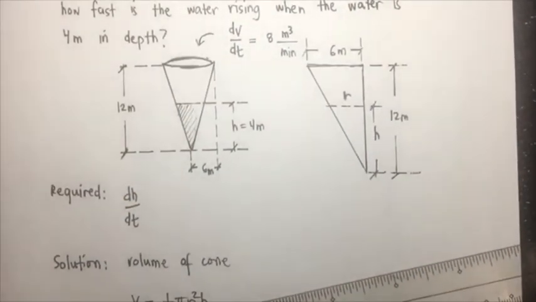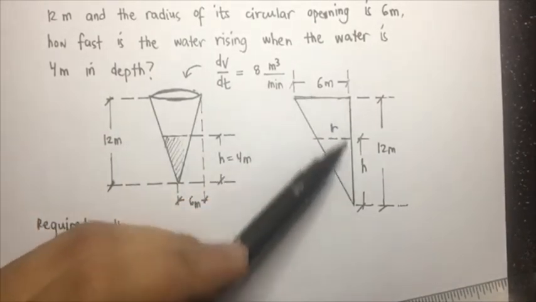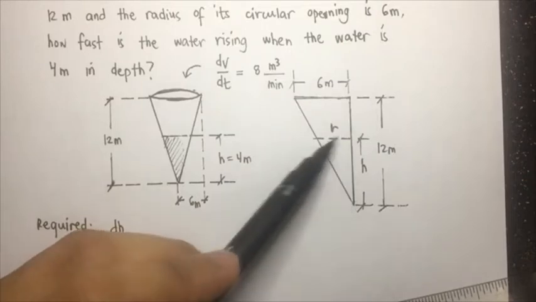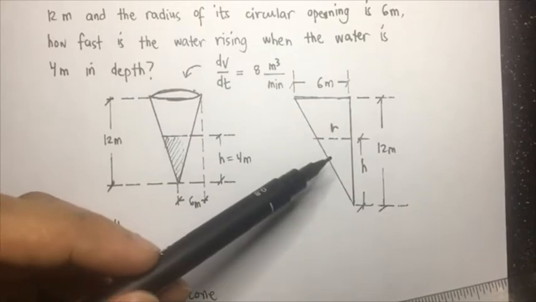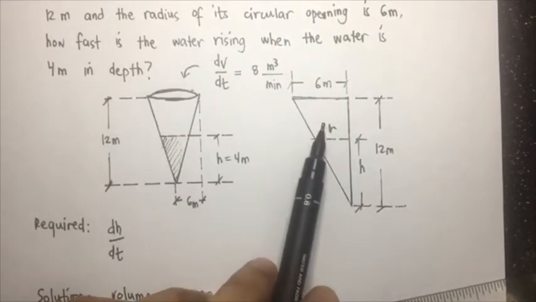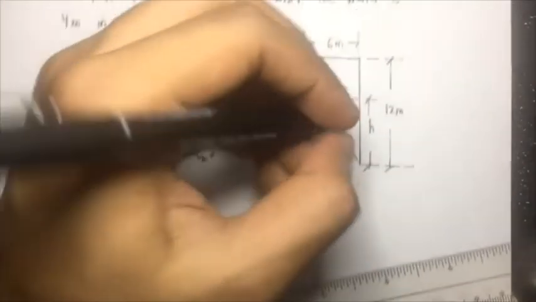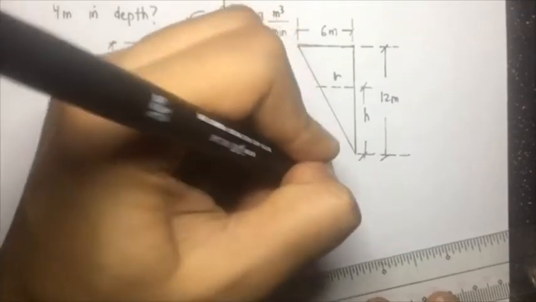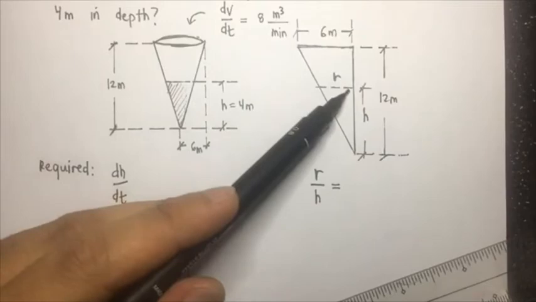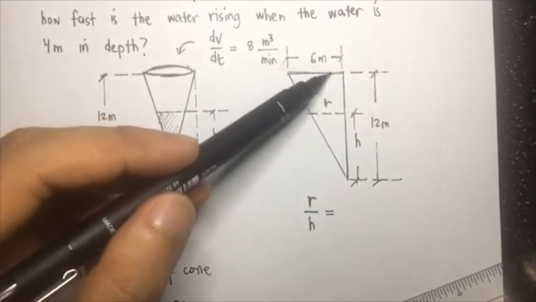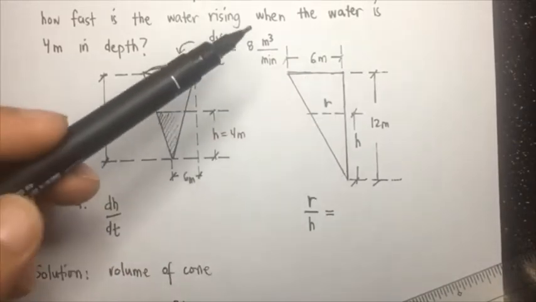Okay, then you can see that we have two similar triangles. So a larger triangle and a smaller triangle. Okay, for similar triangles, we can apply ratios. So take for example, in this case, we will take the ratio of r over h. The ratio of r over h of the smaller triangle will also correspond to the ratio of the radius and the height of the larger triangle.